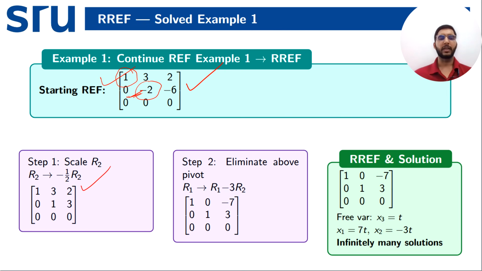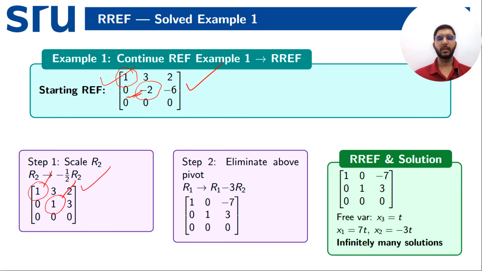After this the pivot entries are equal to 1. Now I use these two pivots to make 0 above them. The pivot entries are in column 1 and column 2, and there we need to change every entry except the pivot to 0.